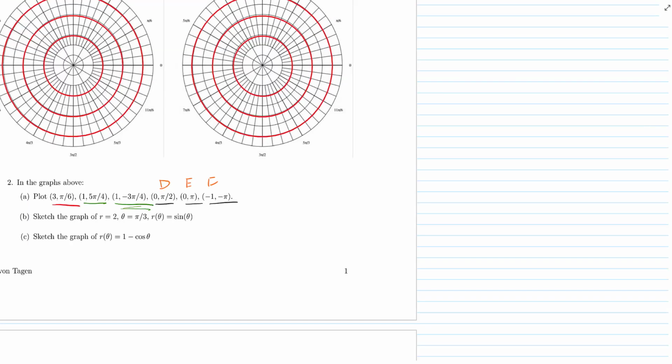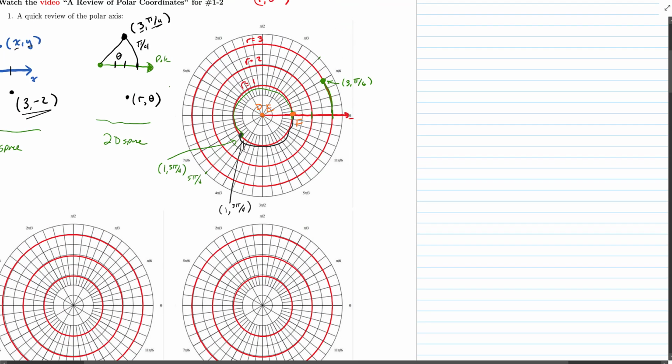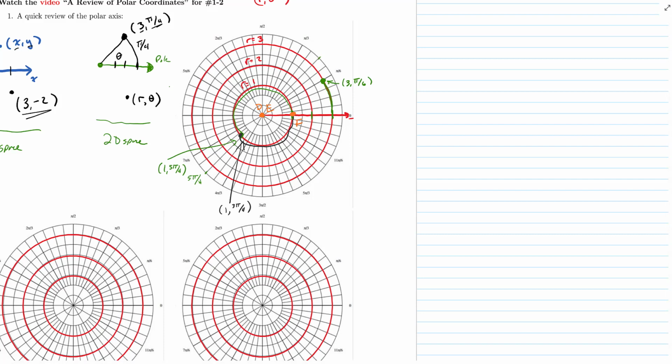So hopefully you tried this on your own. I went ahead and labeled these points D, E, and F, and then I've plotted them up here. You'll notice that D and E are both at the origin. The origin is a peculiar animal in that the radius is always 0, but any angle will work for the origin.